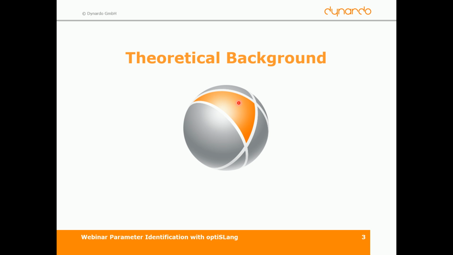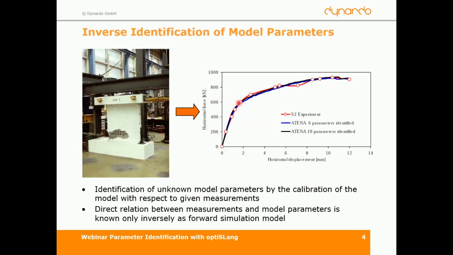First, we start with the theoretical background. What does parameter identification mean? If you have some simulation model consisting of some parameters, maybe some material parameters, geometry or boundary conditions, then you want to estimate these parameters for some real application. In order to estimate these parameters, you can do some measurement.